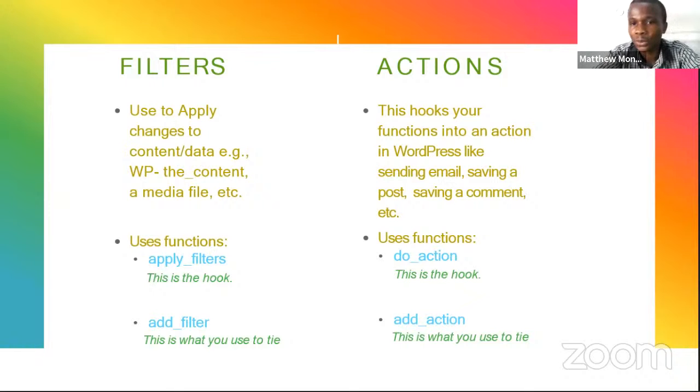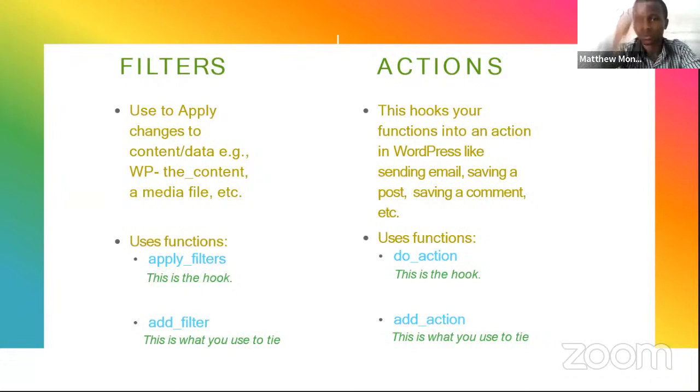So to achieve that, just like filters, we have some functions that are very useful when it comes to action hooks. The first one is do_action. do_action is a hook, like I said. It's meant for actions, basically. It's telling you that in this particular point of the WordPress life cycle, you are able to customize your code and determine how you want it to work.